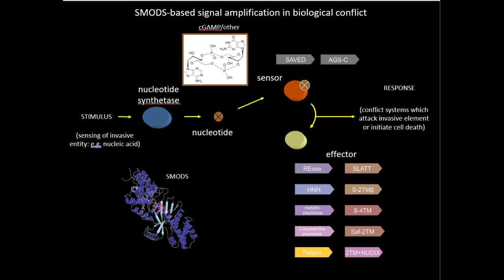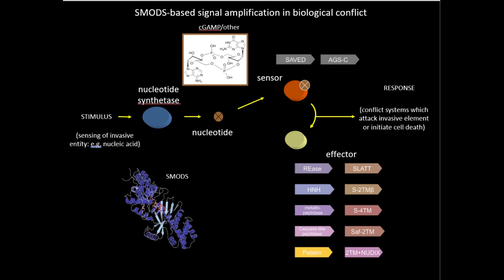What was notable in these systems was the emergence of this principle, which we term the thresholding principle. So, why do you involve a nucleotide which is synthesized at great cost, that is, consumption of ATP or GTP, in order to activate the effector?